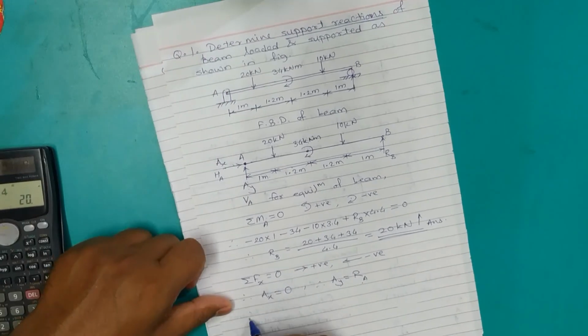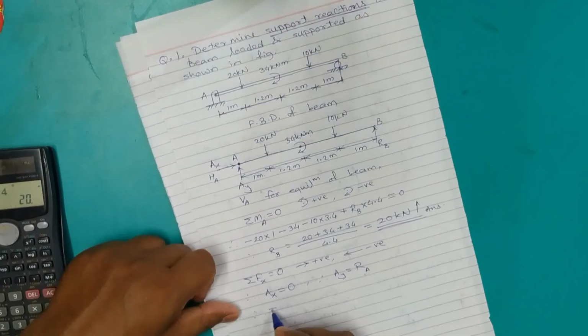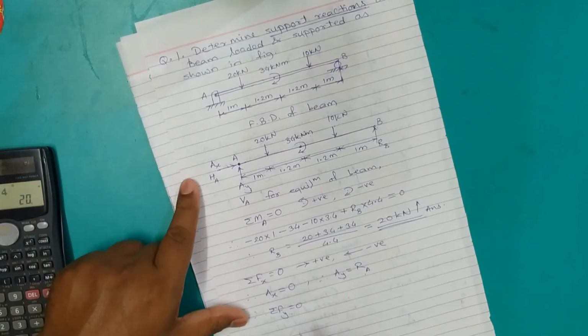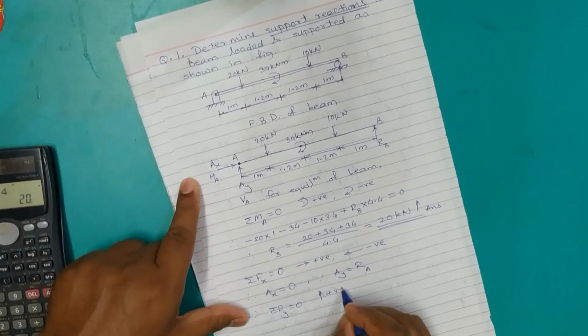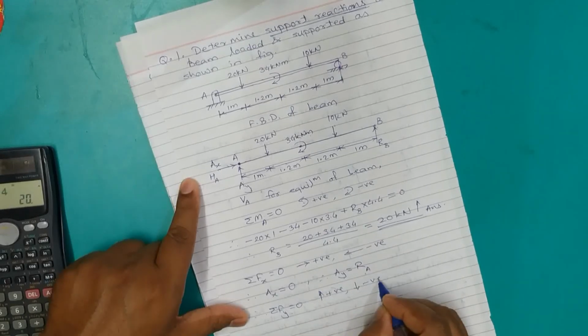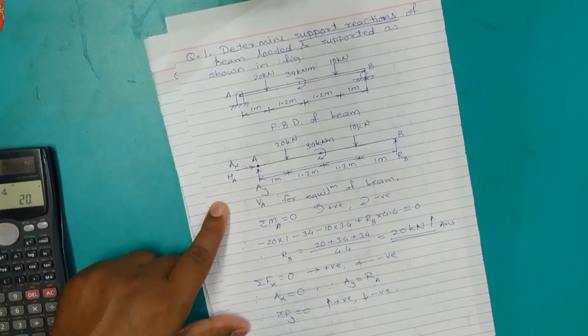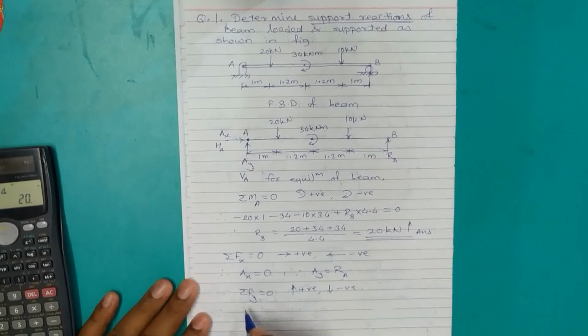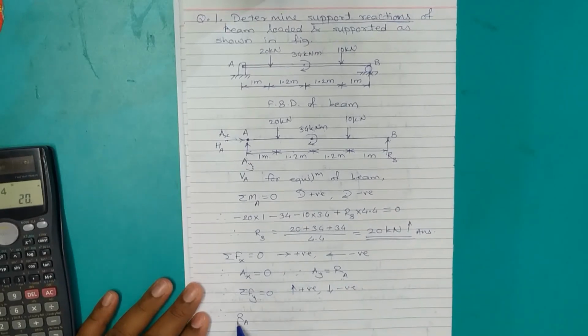Let's find out RA now by using summation Fy equals 0. This is the third condition of equilibrium we are using for finding RA, where upward is positive and downward is negative. We have AY, which we have said is RA, assumed moving in the upward direction, so let's take it positive, minus 20.